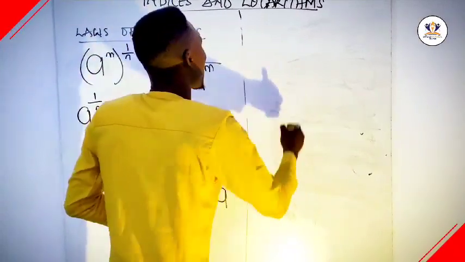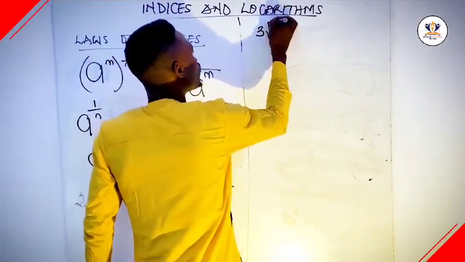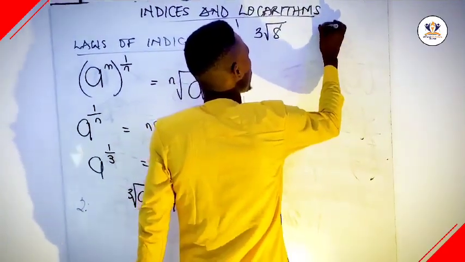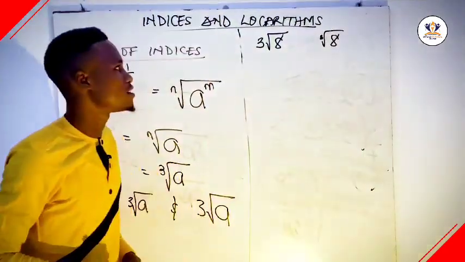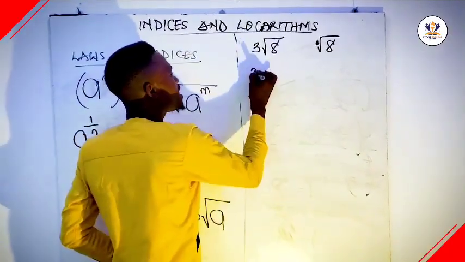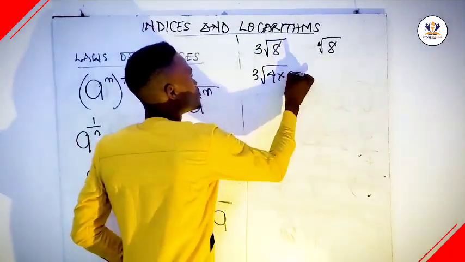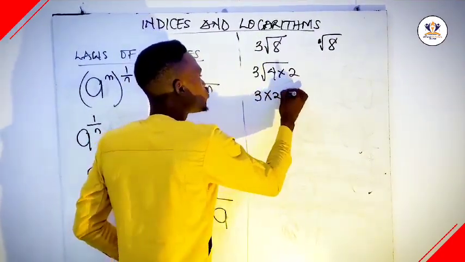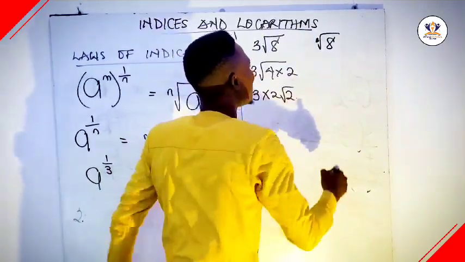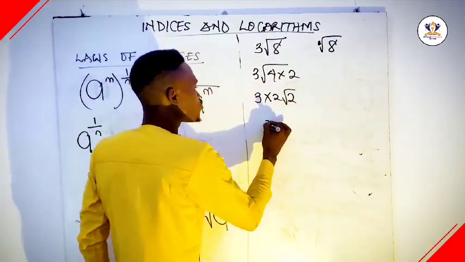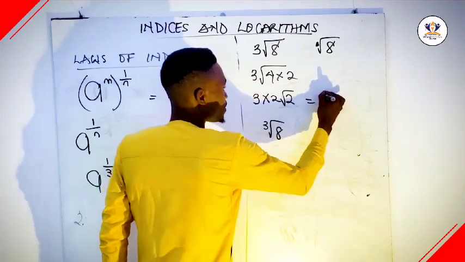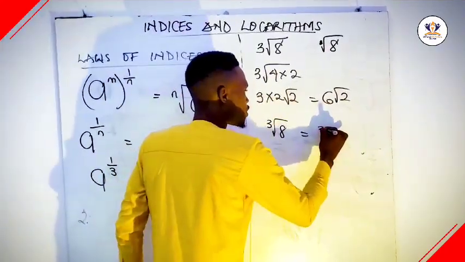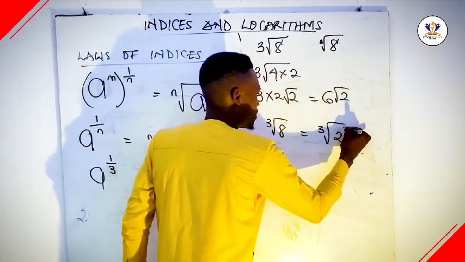Peradventure we have a question like cube root of 8. Let's look at this thing. Cube root of 8 is equal to the cube root of 2 raised to the power 3.